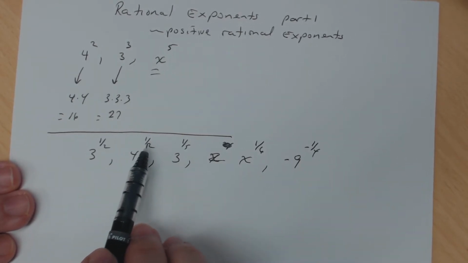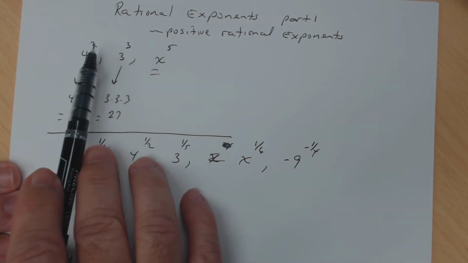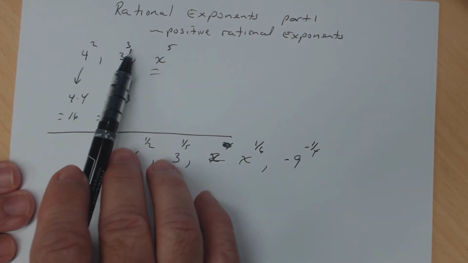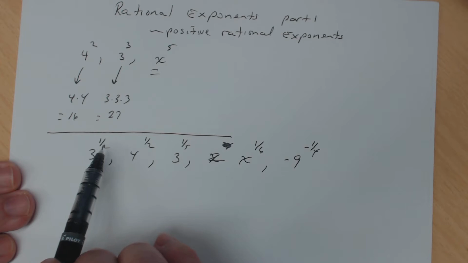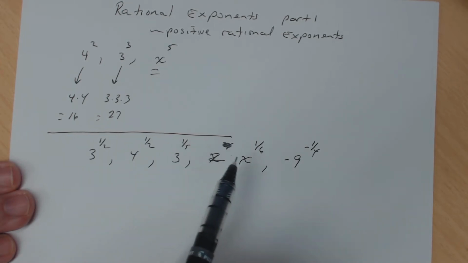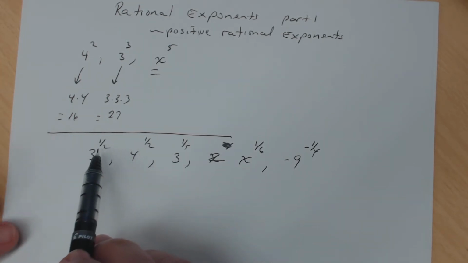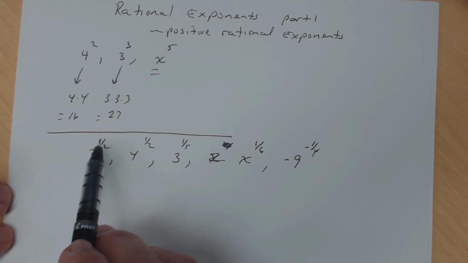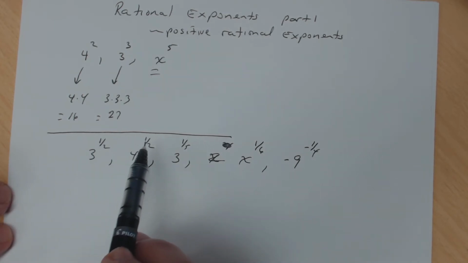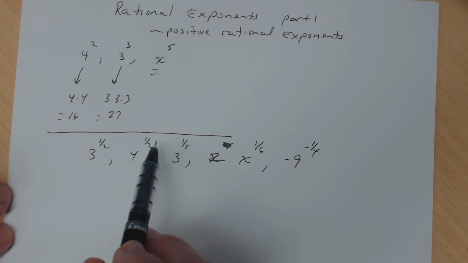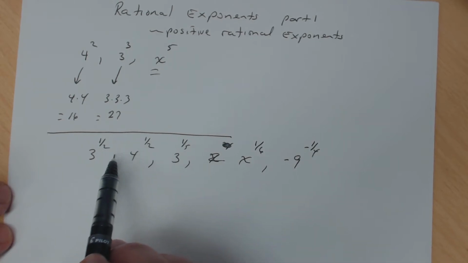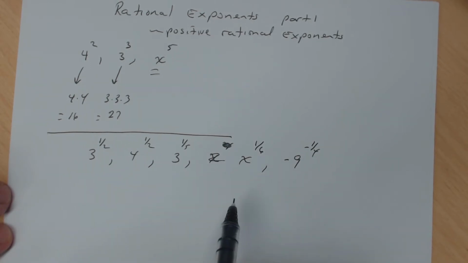But notice that these exponents are not positive integers. They're rational numbers, so they're fractions. In this particular case, we're looking at rational exponents where the numerator is 1. So 1 fifth, 1 half, 1 sixth, and so on.